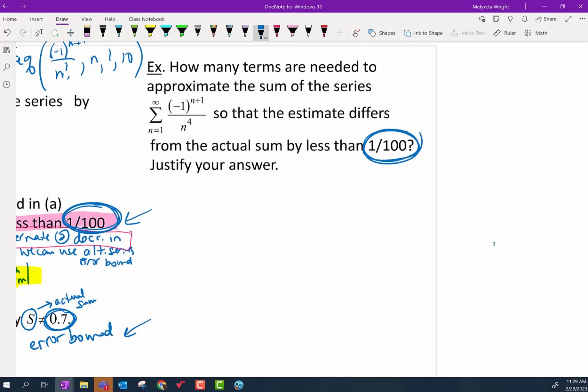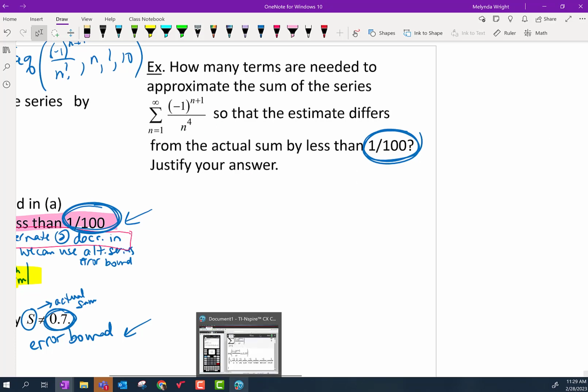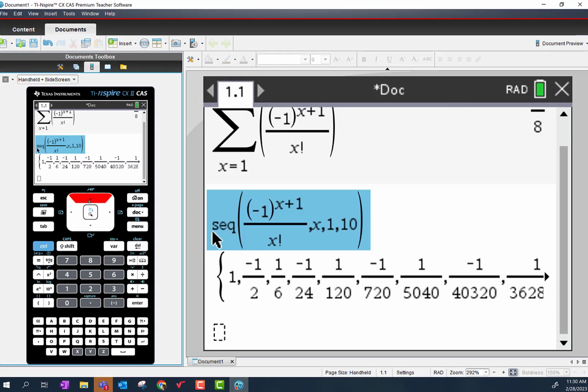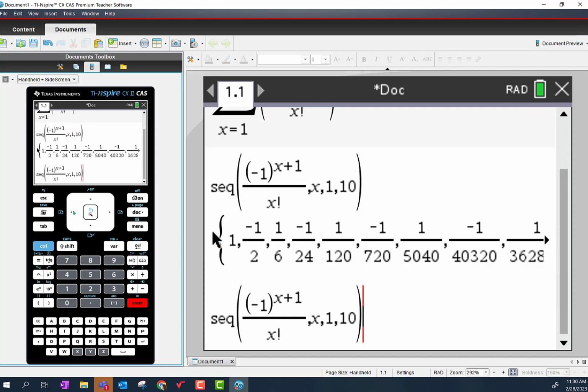So why don't we go to our calculator? We're going to do this sequence thing. We're just going to print out, so I don't know how many. We could do it by hand, but why when you have a calculator? So I'm just going to bring this down and change it up to fix it. Let's see, it's -1 to this, so that's right.